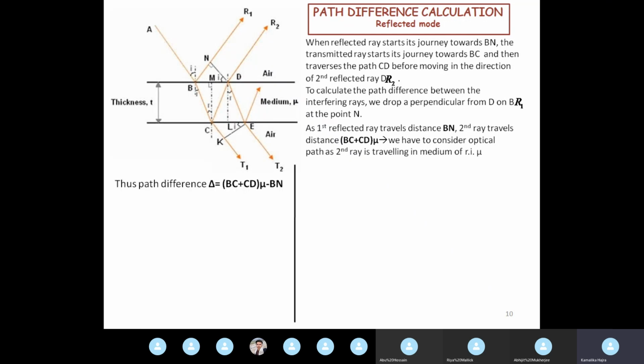Now, what is this path difference? This path difference is therefore mu into BC plus CD, minus BN. As the second ray covers a distance mu into BC plus CD, the first ray travels a distance BN, and this is the difference in the paths traveled by them before they start their journeys together as the interfering rays from N and D respectively.